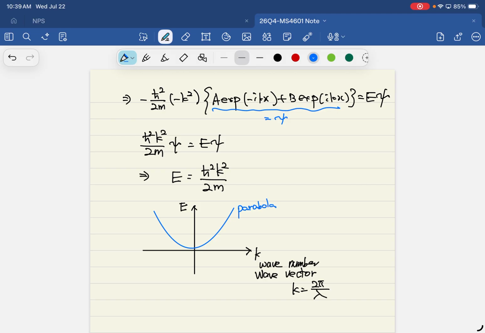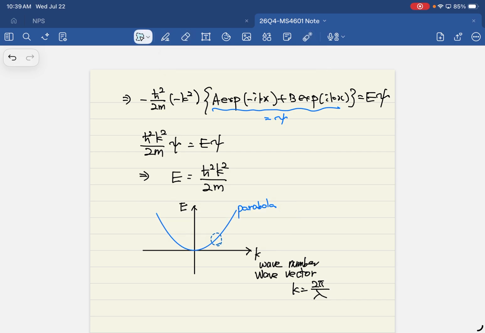Precisely speaking, this one has to go through the 0 point here. So this is a parabola, okay? So when you look at this energy distribution, one thing you can notice is energy varies continuously.